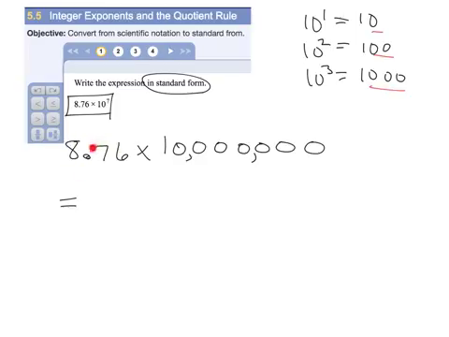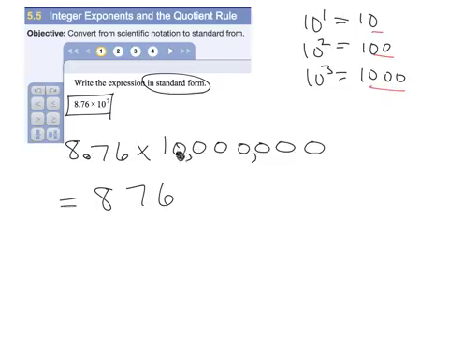Well, it's going to get bigger because you're multiplying it by 10 million. So the way you take a number and make it bigger is you take its decimal and you move it to the right 7 spaces, because that's how many zeros we have here.